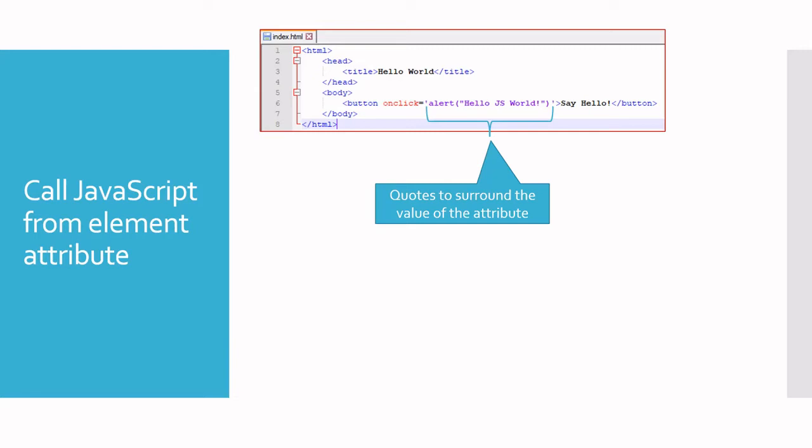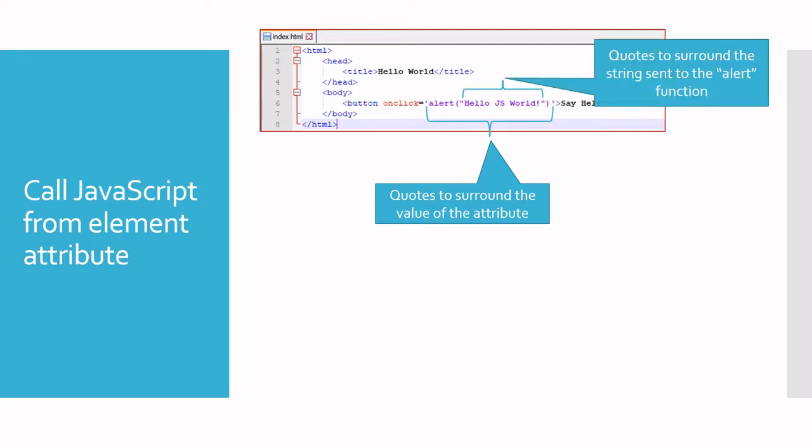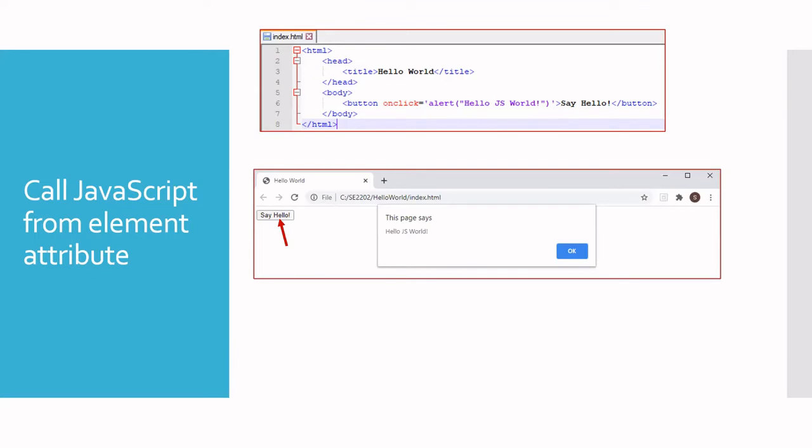So as I said, the quotes have to surround the value of the attribute, and then there are other quotes needed inside the function call itself. Okay. Now, what happens when we actually click? So we go there and click. This is how the alert window looks. Okay. So the window itself is coming from the browser, not from JavaScript. But the call asking the browser to open the window is the alert function of JavaScript.